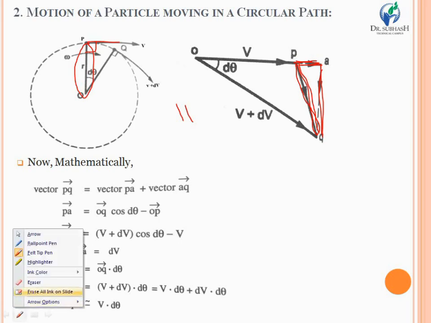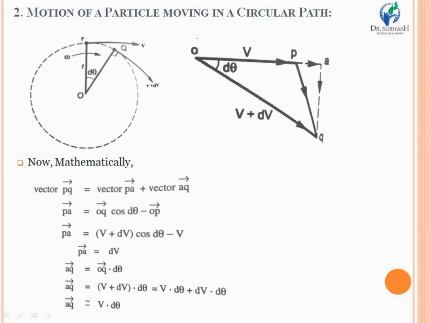So by looking carefully at this vector diagram, we can conclude that vector PQ is equal to the summation of vector PA plus vector AQ. Now we know that vector PA is OQ cos d theta minus OP.